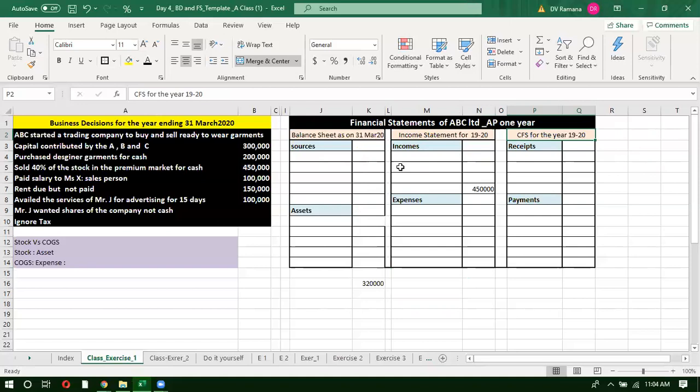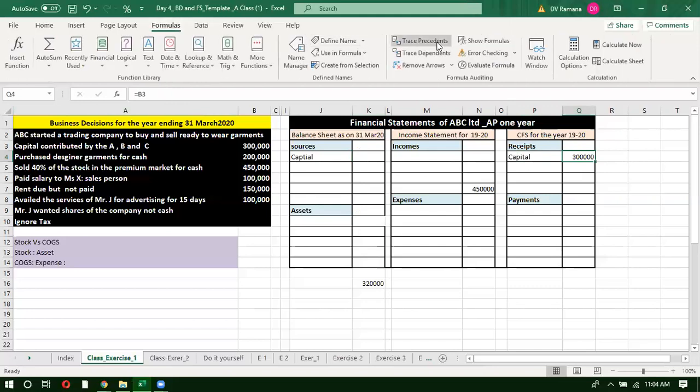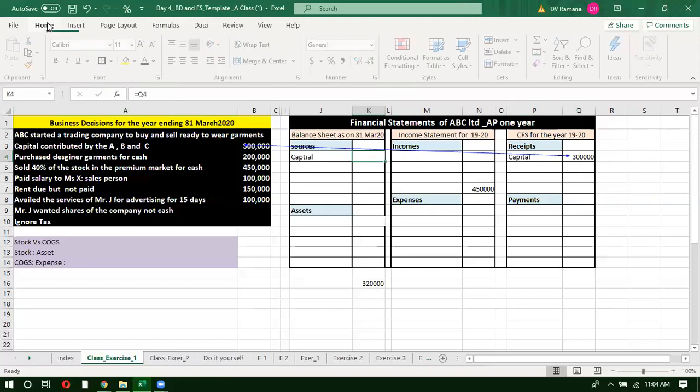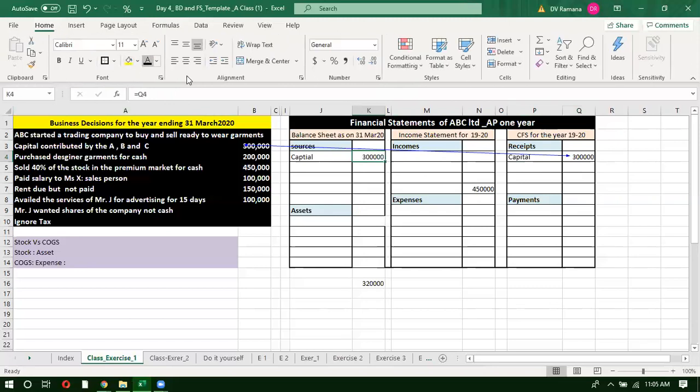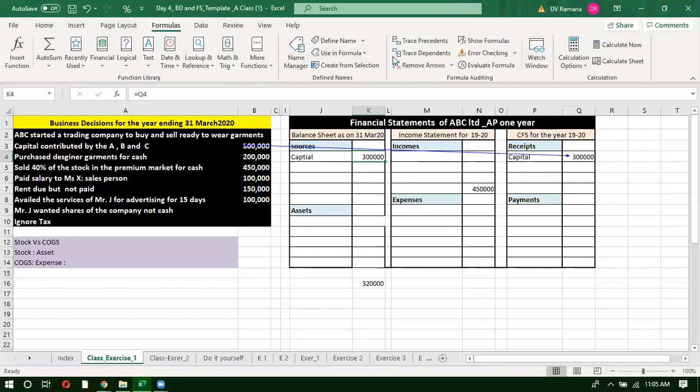So the first transaction is the raising of capital, and the company received money. It's a receipt, and the company received money to the extent of 300,000. Okay, it's a 300,000, and the receipt is not an income but a part of the source.